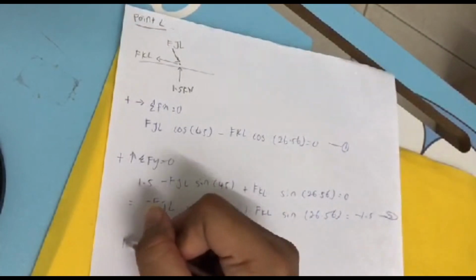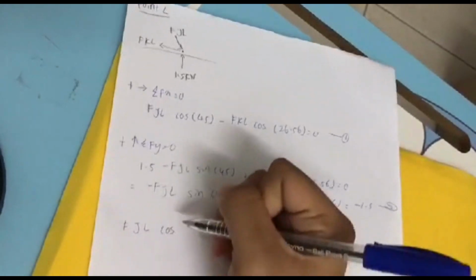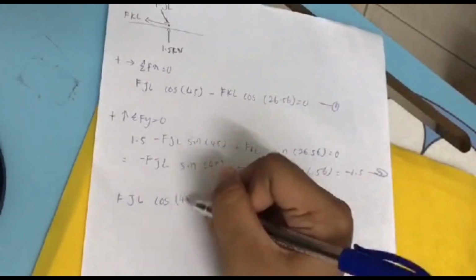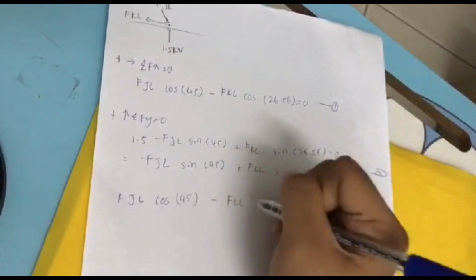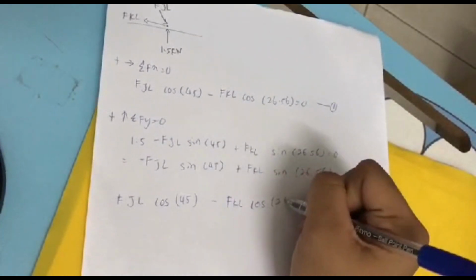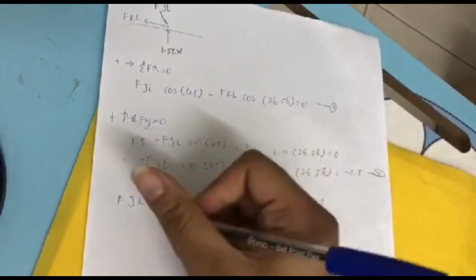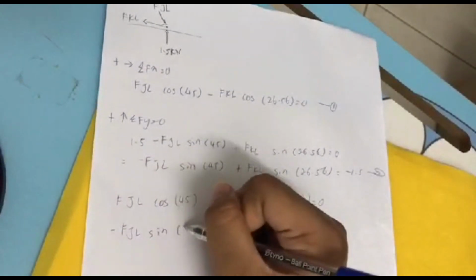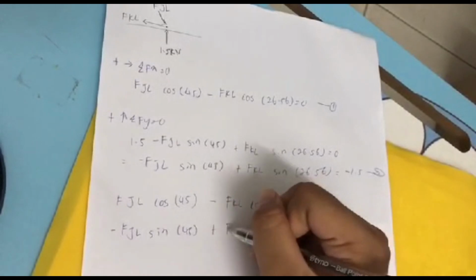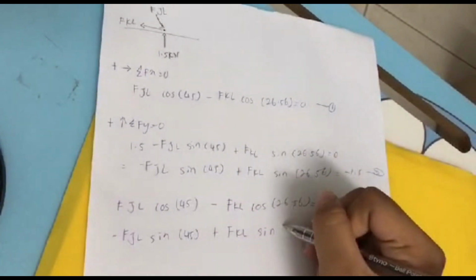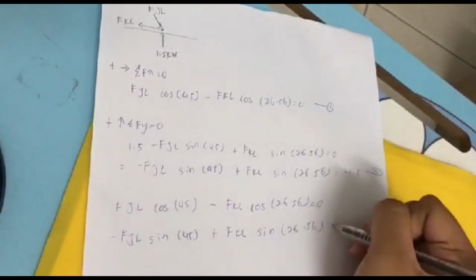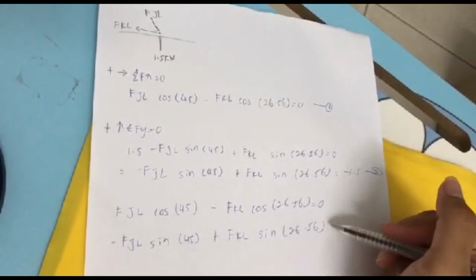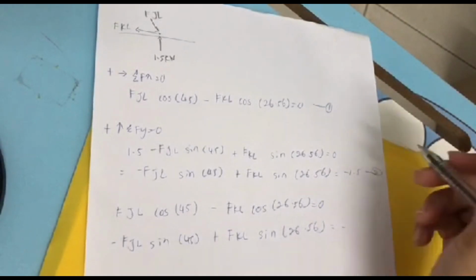So force JL cos 45 minus force KL cos 26.56 equal to 0. And then we got negative force JL sine 45 plus force KL sine 26.56 equal to negative 1.5, which you take from equation number 2.